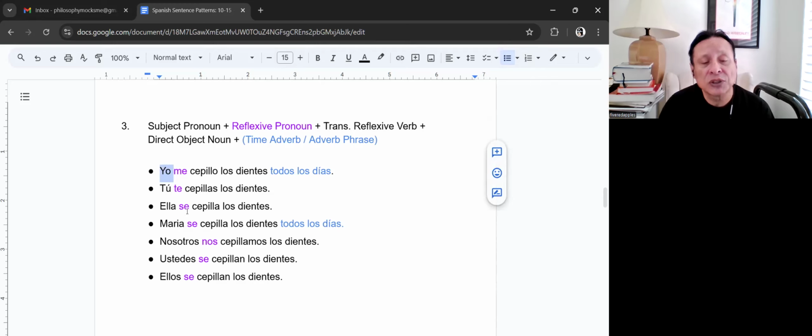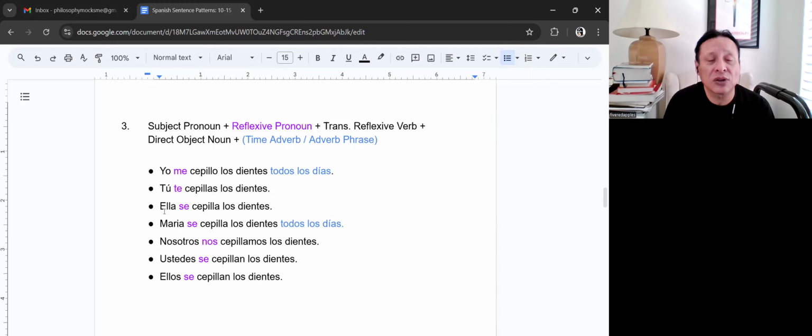But when you use se, that could be he, it could be she, it could be usted, it could be ustedes, and it could be ellos. So in these cases, if you throw in the ella, it's probably for clarifying. Ella se cepilla los dientes, pero él no se cepilla los dientes, right? She brushes her teeth, but he doesn't brush, right?